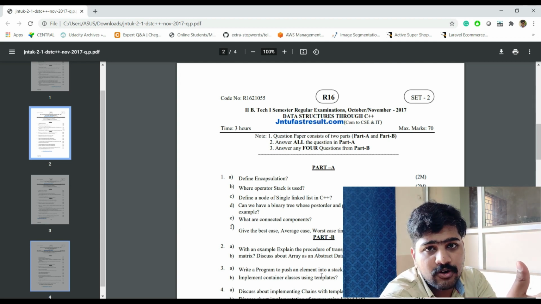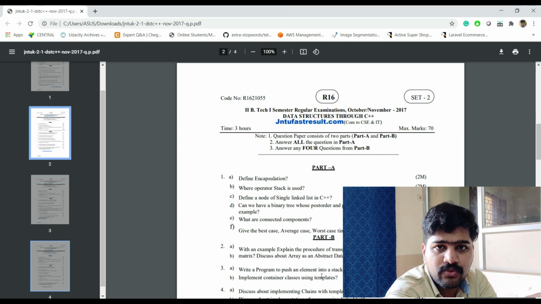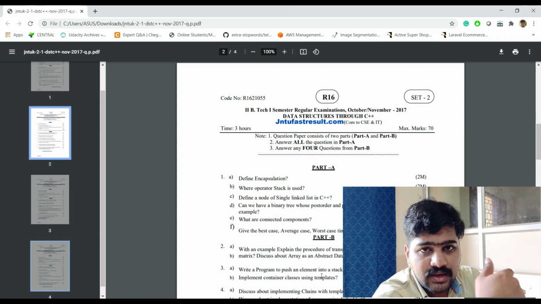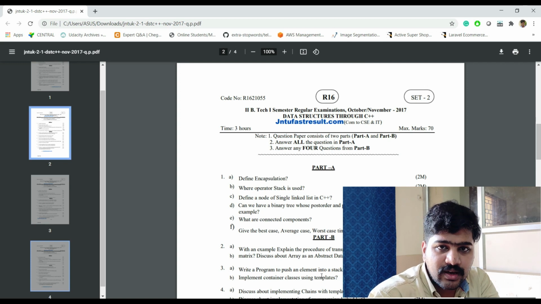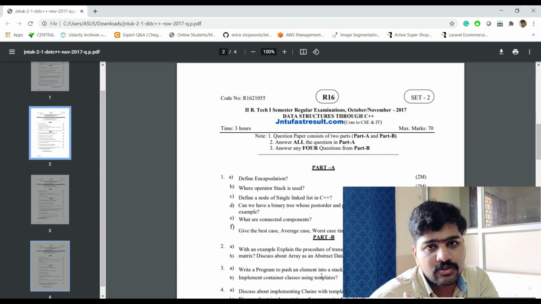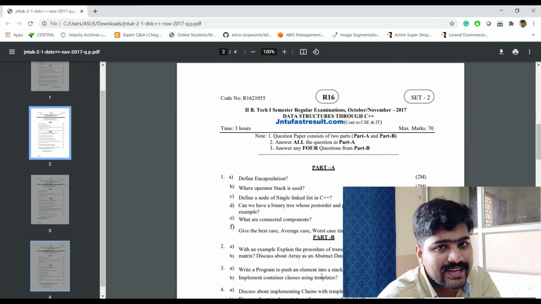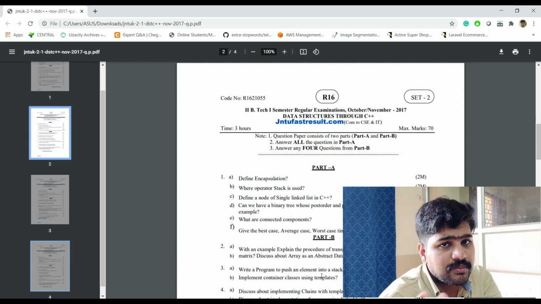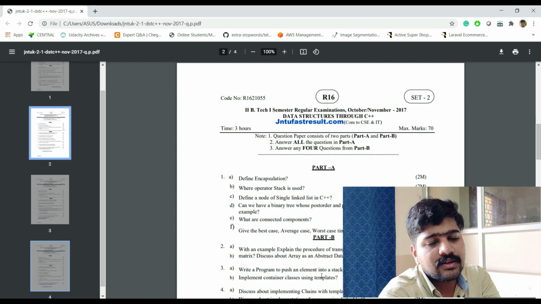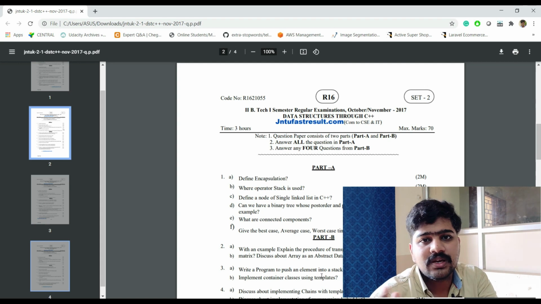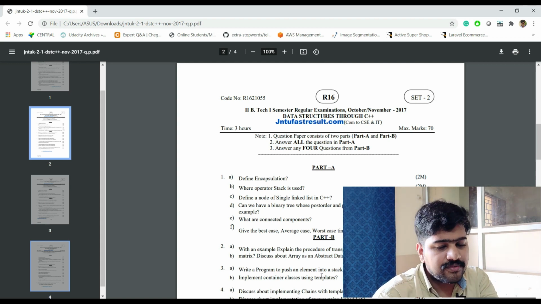If they are not giving any variables, consider your own. Then step by step explain the operations like insert and delete. Explain using single linked list, double linked list, and circular linked list. In the same procedure, do stacks, queues, trees, binary search tree, everything.